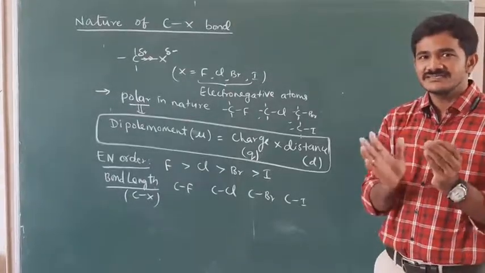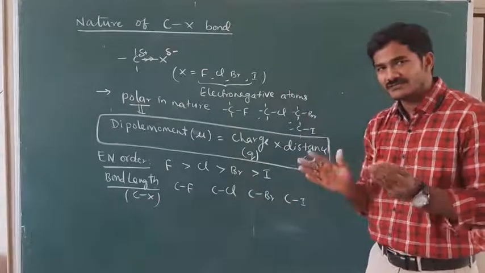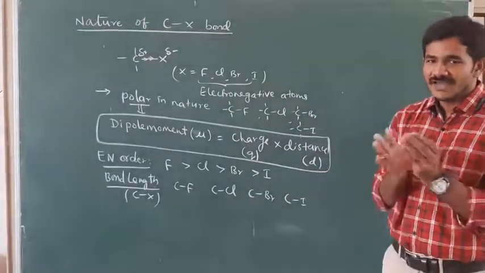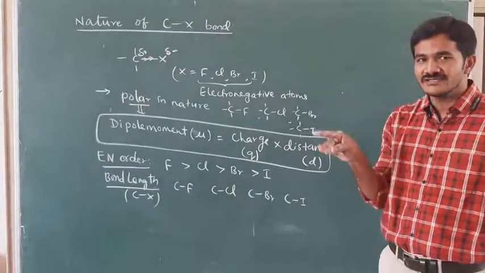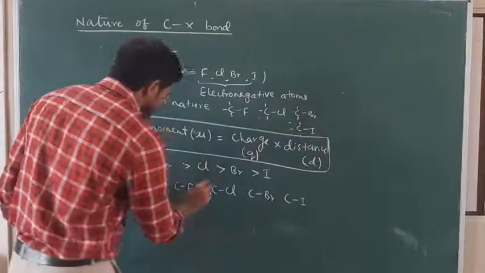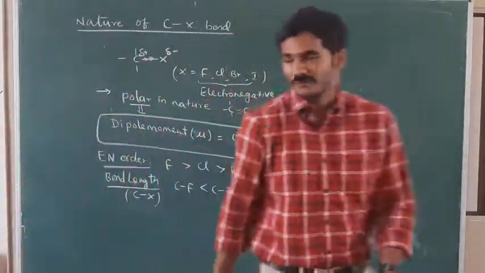Down the group atomic size increases. Compared to fluorine, chlorine has a larger atomic size, bromine more, and iodine the largest. When atomic size increases, the length between carbon and halogen also increases. So down the group, bond length increases.